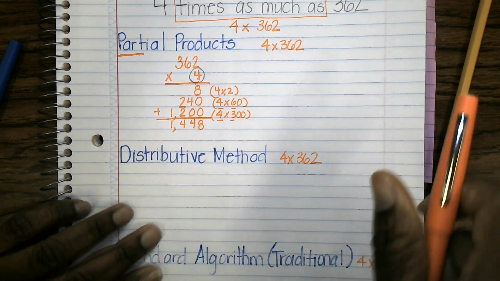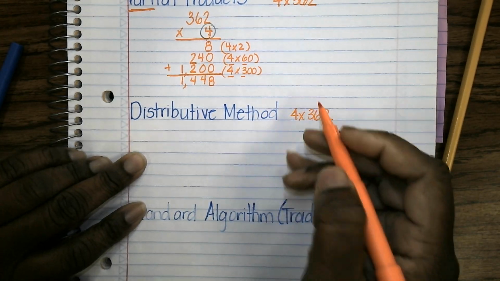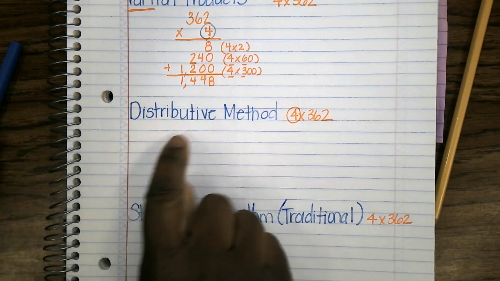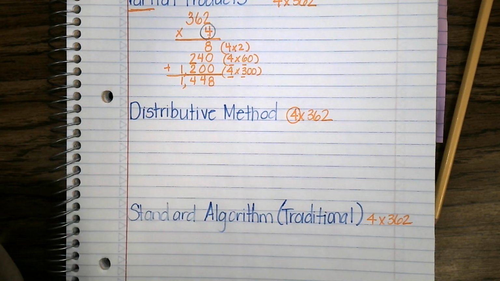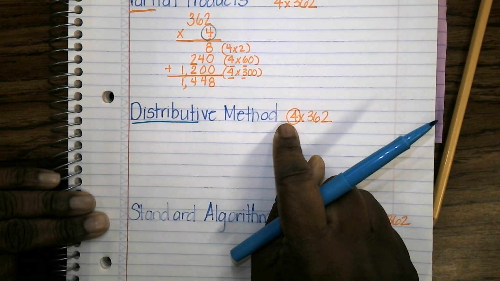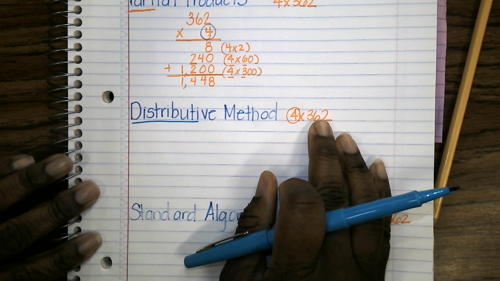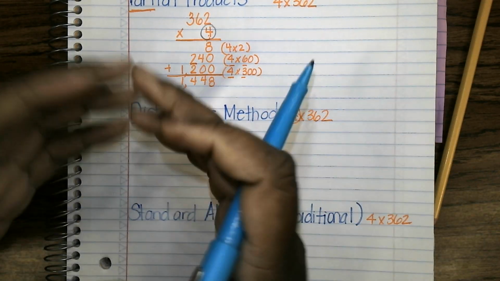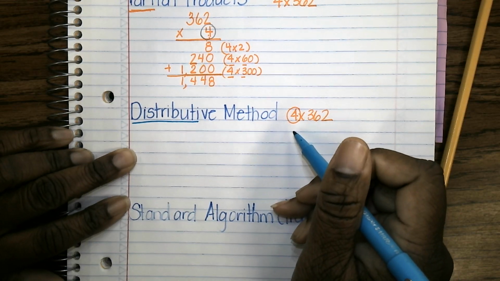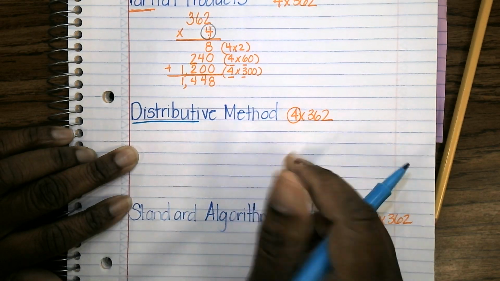Alright, we're going to solve it in a different way. Same problem. This is our multiplier right here, the 4. The distributive property calls on us to distribute this 4, or multiplier, within the parenthetical part of this. I'm totally messing that up, but it'll make sense once I start setting this up. So we're distributing that 4 here.